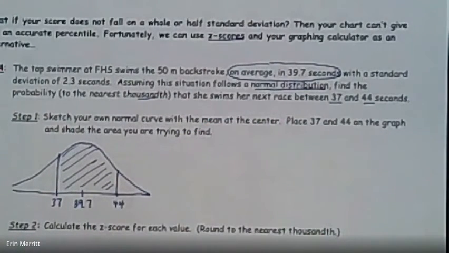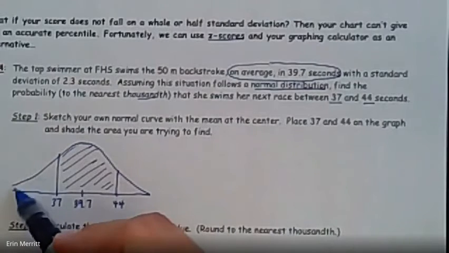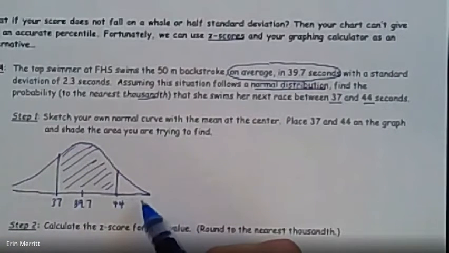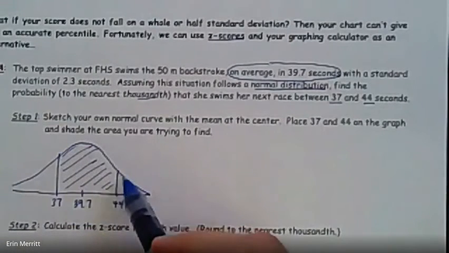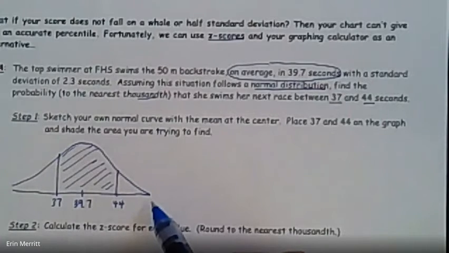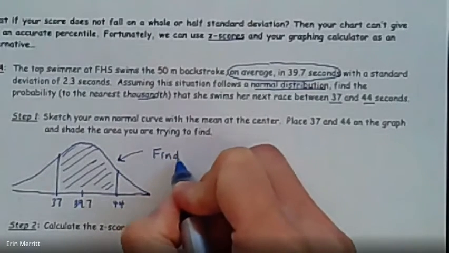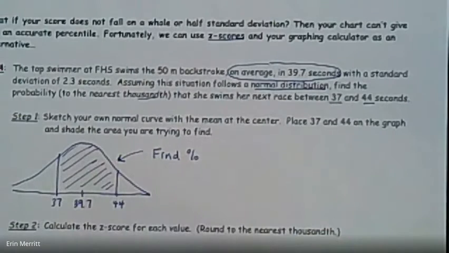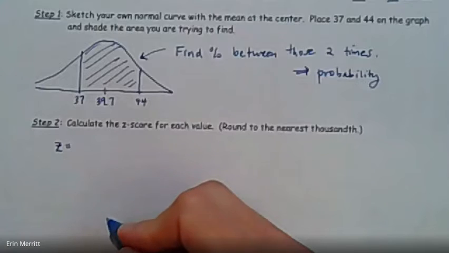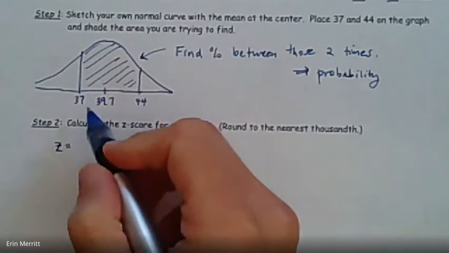Because when we ask what's the probability, all of this together adds up to 100%, or you can think about it in probability, it would add to 1. So we want to figure out what's the percentage that lies between those two times. As a quick reminder, you take the actual score.